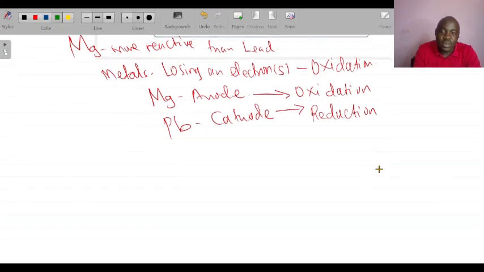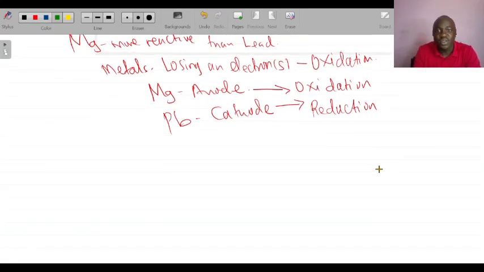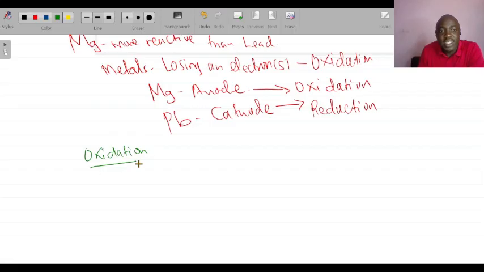Here there are two terms, oxidation and reduction, which I want us to represent in terms of transfer of electrons, oxidation being loss. So we are saying magnesium, which is now in solid state, is going to dissolve. By dissolving, it means it loses electrons, and electrons are going to enter into the solution.